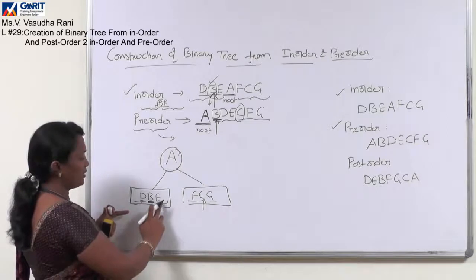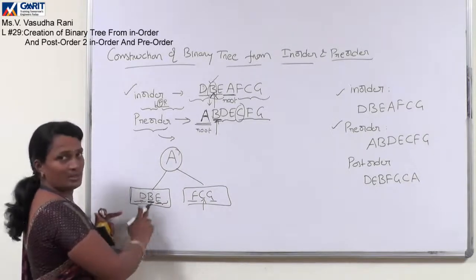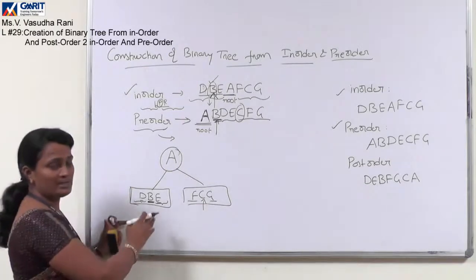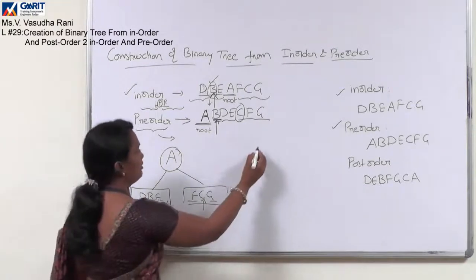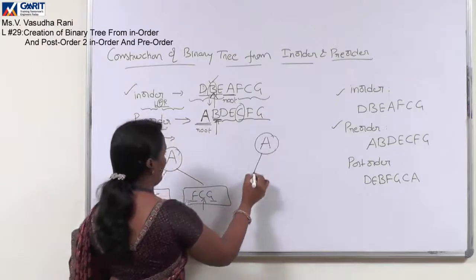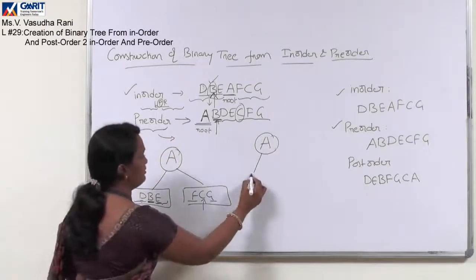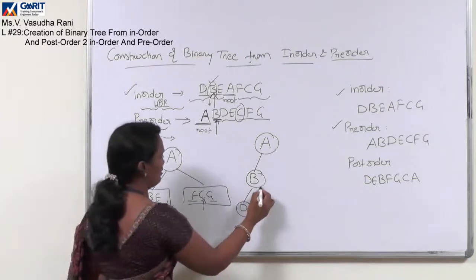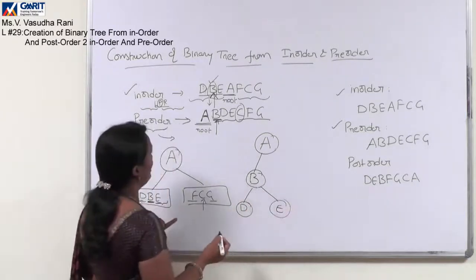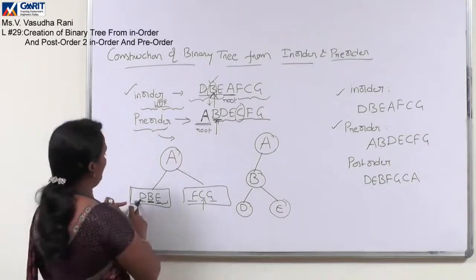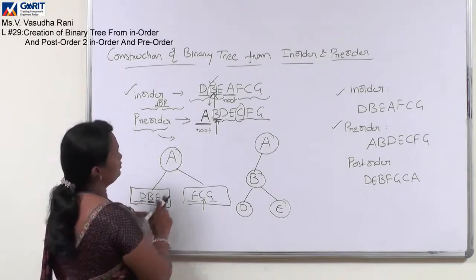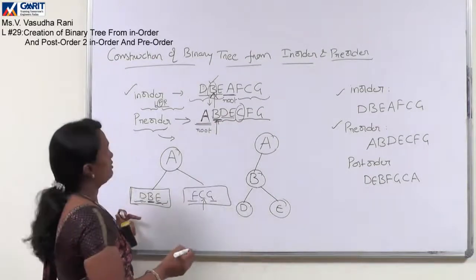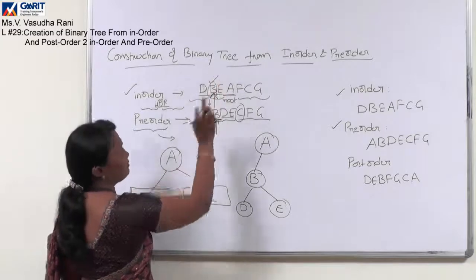Let us divide the sequence and insert the nodes of the binary tree. It is A, and at the next level we identified that B is the parent, with its left D and its right E. Even for this DE order, we can see in the pre-order it is left and right, and in the in-order also it is left, parent, right.